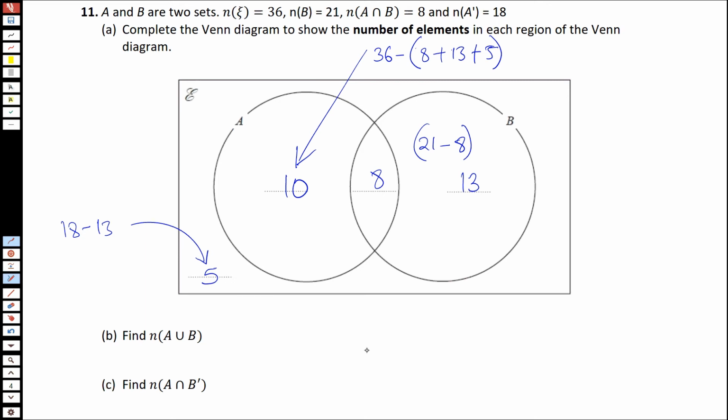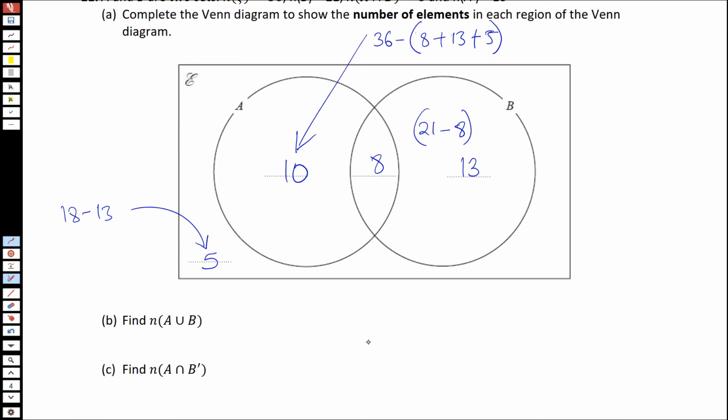So once you have those numbers of elements, we can move ahead and answer this question. So find the number of elements in A and B combined. So we combine the number of elements in A and B, which means the number of elements in the two circles.